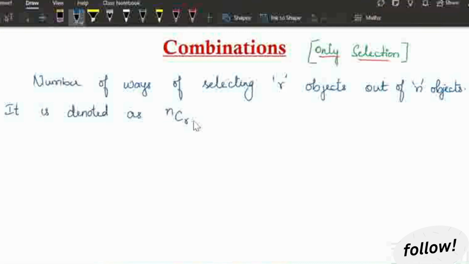Now let us see the formula for nCr, and there are some standard results for nCr which are very important in order to solve the questions that come under this topic. Let us see all these one by one.